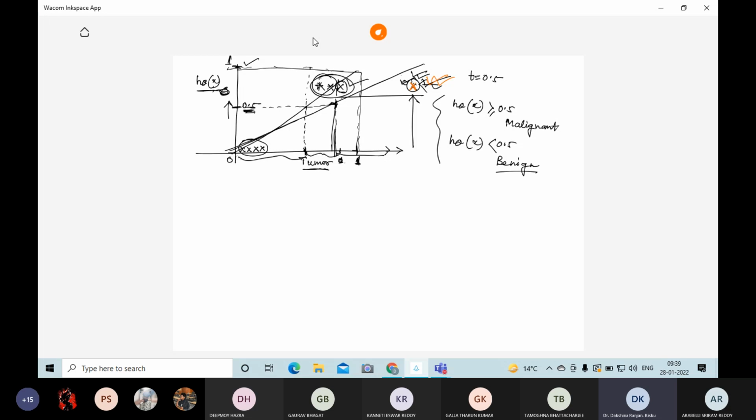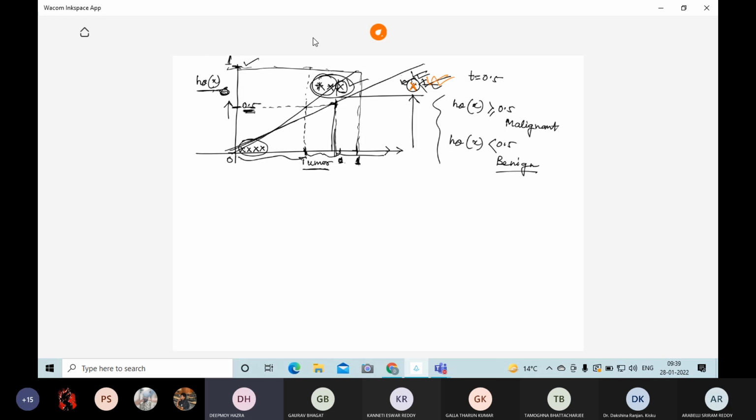Because of this effect, those points which were earlier found as malignant will now be found as benign. Sir, I got the point that for each such point there may be a chance that the best fitting line can be changed.